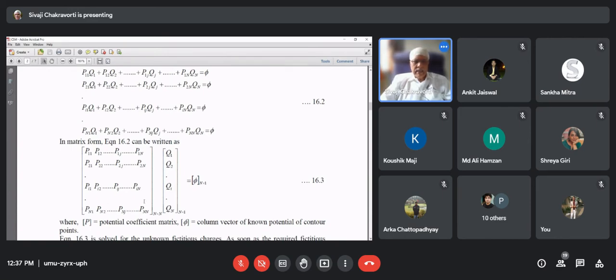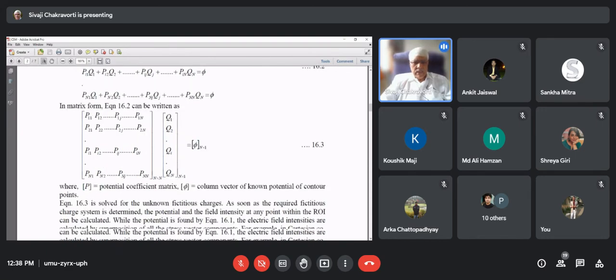Whereas in CSM, it's a full matrix. It's a fully occupied matrix. Every element has a certain non-zero value. So you can clearly see that these methods, that is FEM and CSM, are diametrically opposite to each other. And therefore, these two methods approach the solution of the problem from completely two different angles and get the solutions.